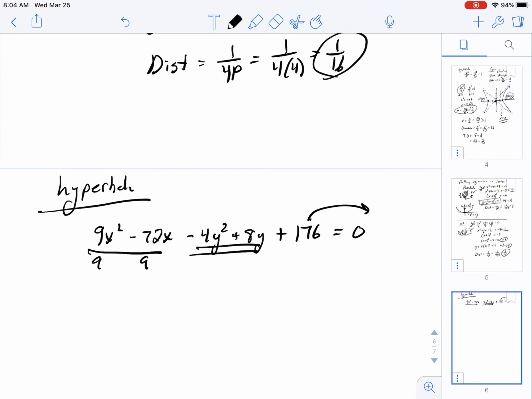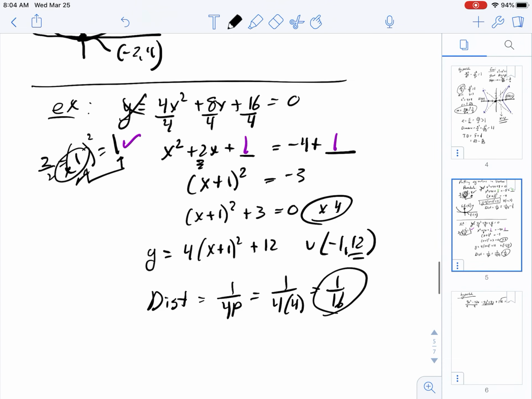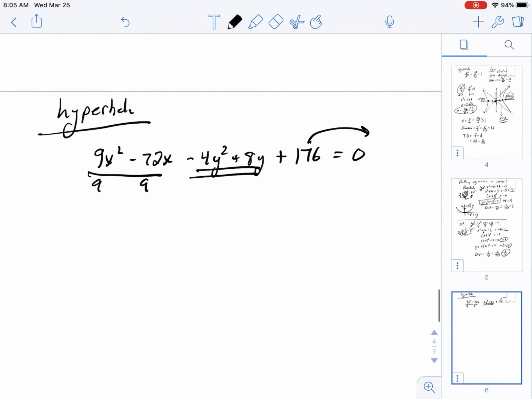So what I got to do here is divide by 9, but I can't do the other thing, and I just realized I forgot something. Oh, when I move this value over here, I had to multiply it. Oh no, I'm good. Nope, we're good. I thought I made a mistake. I didn't. All right, so divide by 9. So you have 9, and then you have x squared minus 8x plus blank.